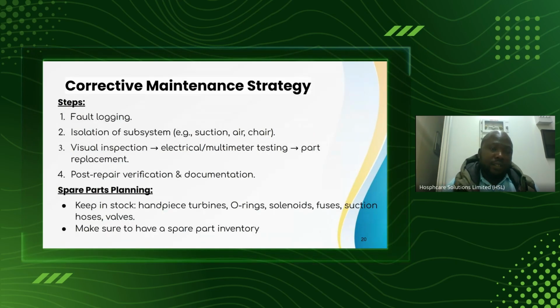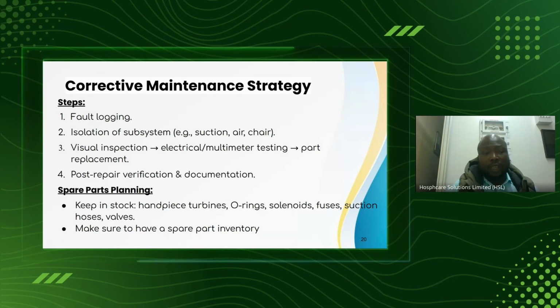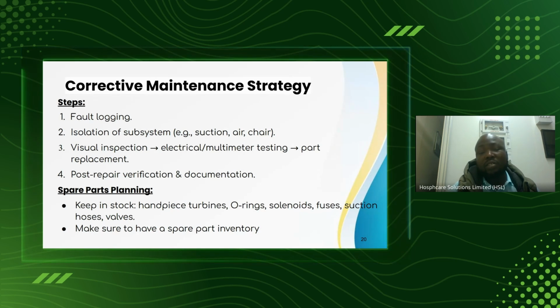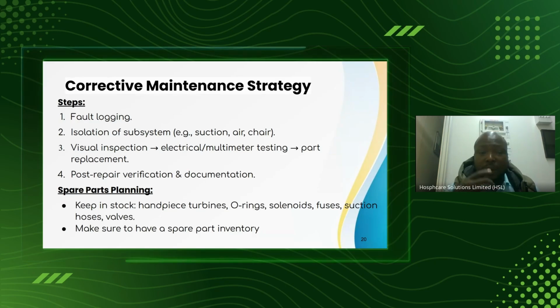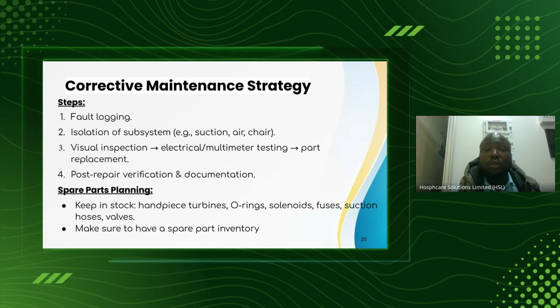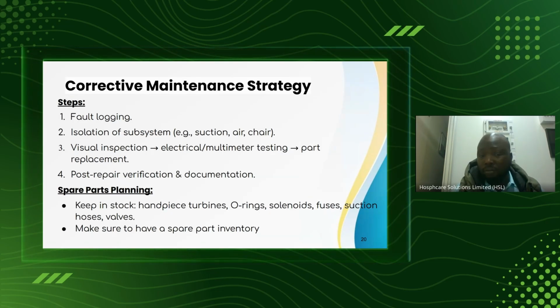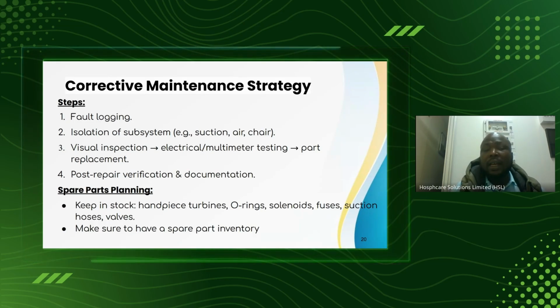Corrective maintenance strategy. You need fault logging. You should be able to have a list of whatever is reported that is commonly creating problems. So once you go for corrective maintenance, you should have your checklist. You need to isolate a subsystem, for example suction, air, chair, and do a thorough clean.